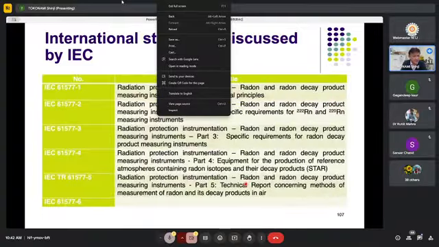Regarding IEC standard, this organization has one standard on radon equipment, which consists of 5 parts, recently 6 parts. Part 1, general principles.